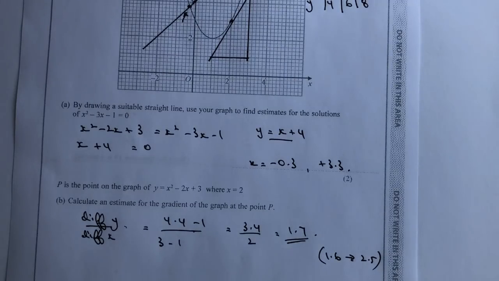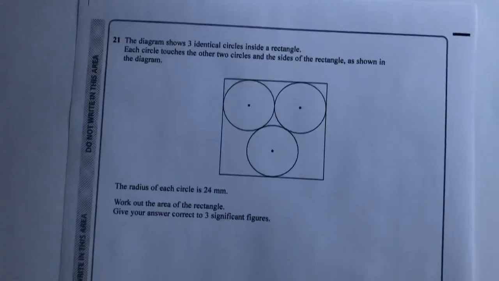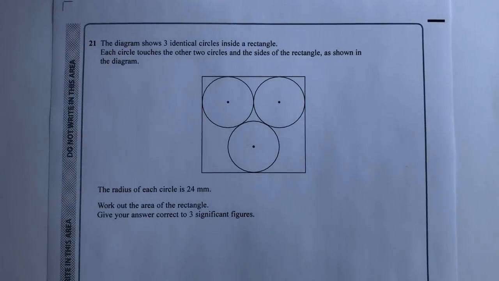Okay, let's have a look then at question number 21. Question 21 has got these 3 identical circles inside a rectangle. Each circle touches the other 2 circles and the sides of the rectangle as shown in the diagram. So essentially we need to work out the area of the rectangle.